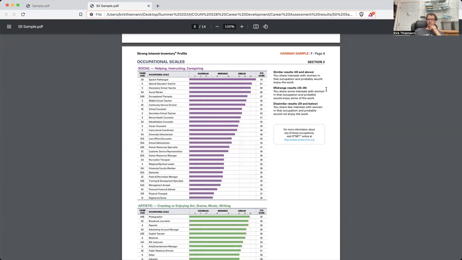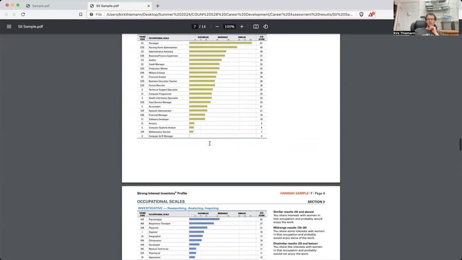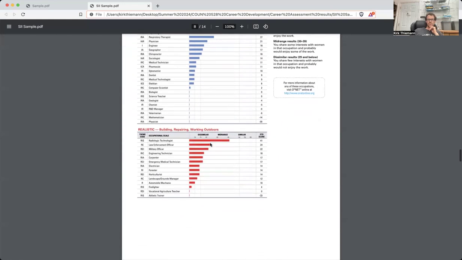So it doesn't say you will, it just says you probably would based on the connections. Mid-range is 30 to 39, saying you'd probably enjoy some of the work, sharing some interests with women in the occupation, and then dissimilar is 29 and below. It's like you probably wouldn't enjoy the work, but that's still probable and tentative. And then we go to artistic, enterprising, and it goes through all the different codes.